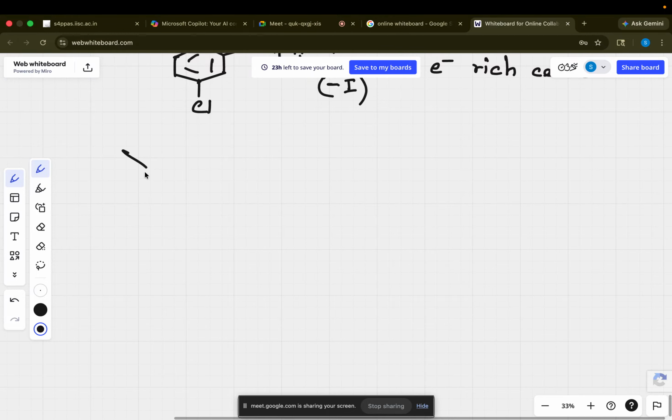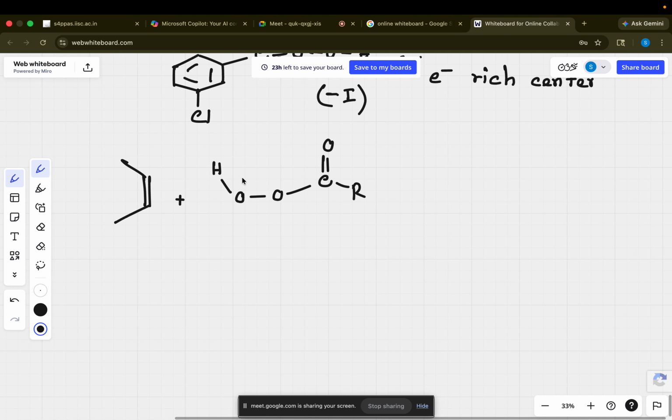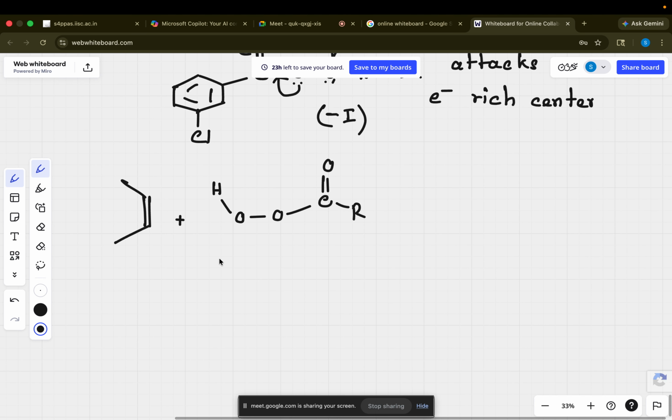So let me show you the mechanism. Suppose you have a double bond here, and I am adding this MCPBA unit: hydrogen, oxygen, then again oxygen, and a C double bond O R. This oxygen is electrophilic, meaning electron deficient, and the double bond is an electron rich center.